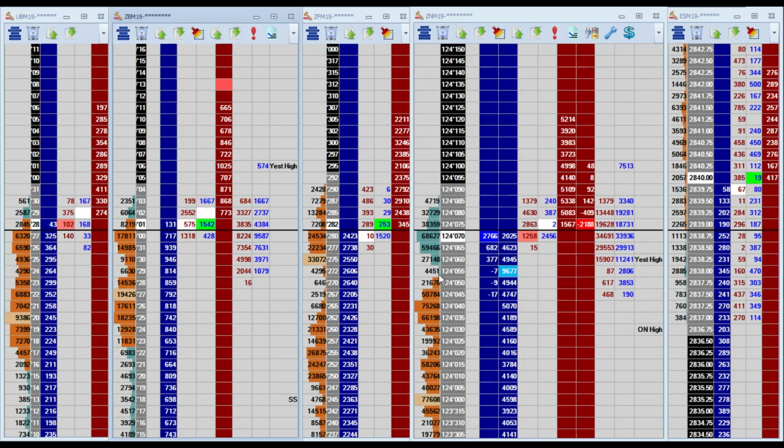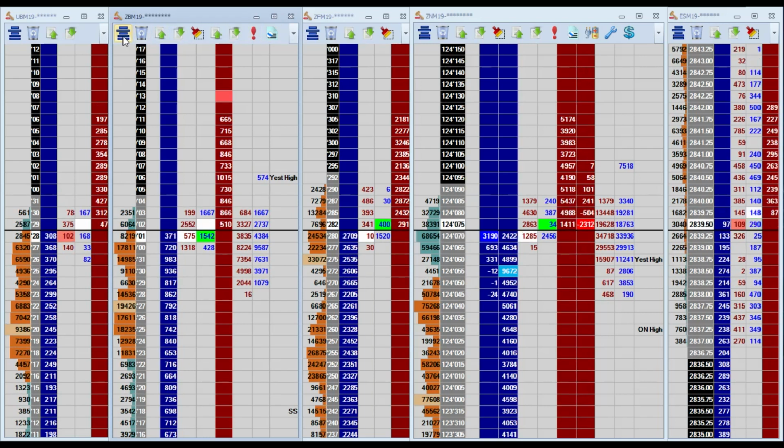Similar to what you see here, pops a level, trades back down, traders hold it, push it higher. That's what a trend looks like on a volume profile. When they hold up, they're very easy to trade.